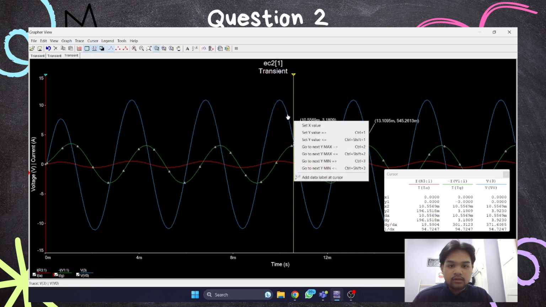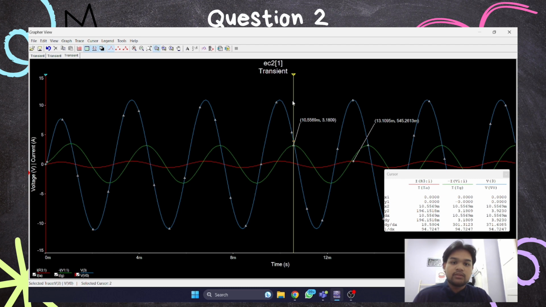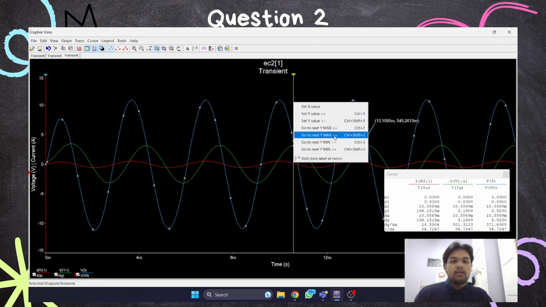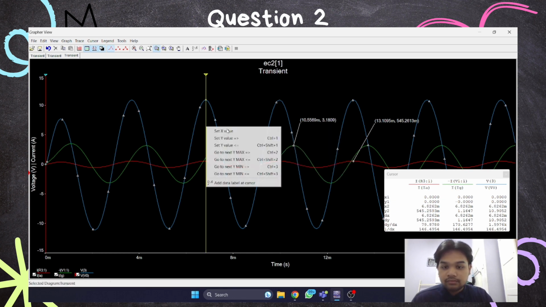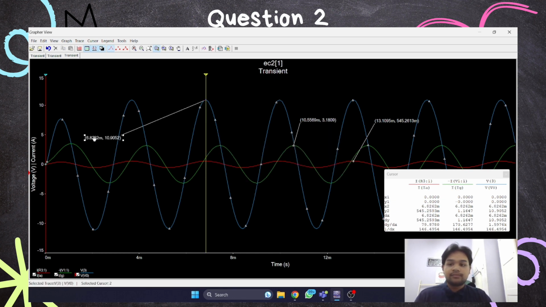Then click on the blue first, and do the same thing, and add data label at cursor. So these are the values for Ia, Ig, and V node.